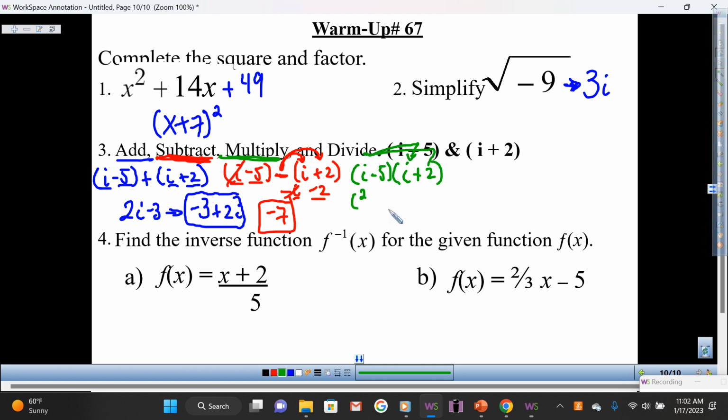What is i times 2? Positive 2i. What is -5 times i? -5i. And what is -5 times 2? -10. Combine like terms. This becomes i squared minus 3i minus 10.